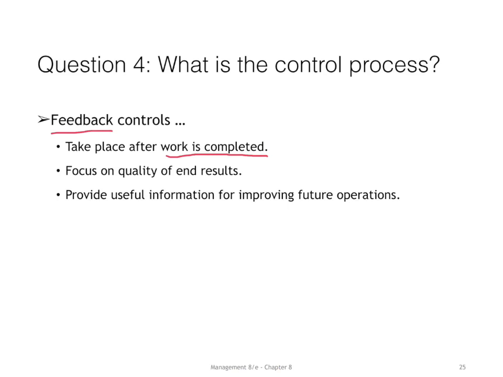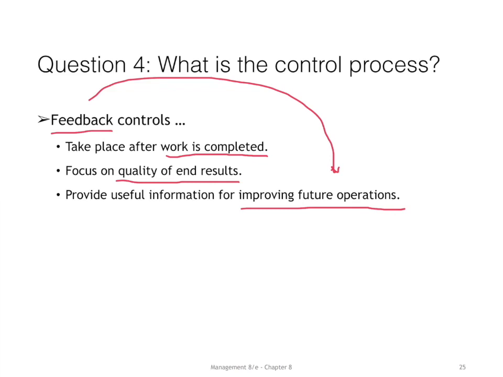In feedback control, we focus on quality and end result, quality control and end result. It provides useful information to improve future operations. That means evaluation, to improve future operations.